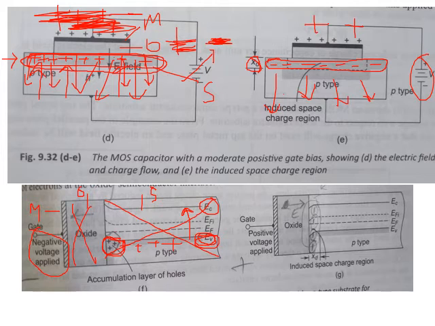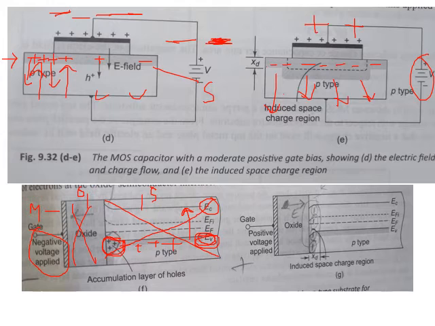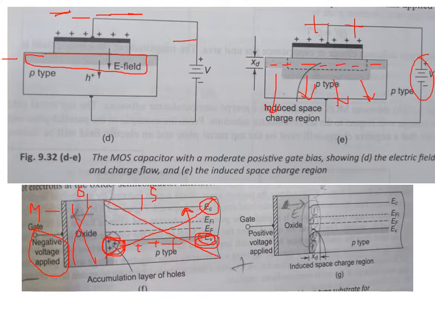But what we have seen, if we apply the negative potential, the hole count will increase near this region. That means the carrier concentration of holes is increasing. So let me erase first. Here the carrier concentration of holes is increasing in this region.